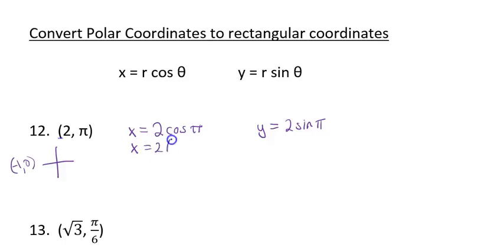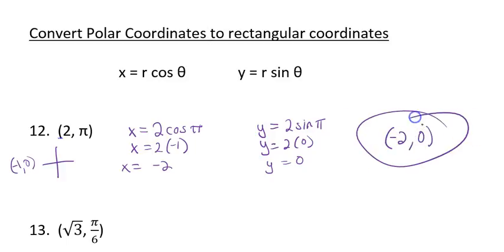So x is 2 times -1, which is -2. Then sine of pi from my unit circle is 0. So if I plug 0 in, anything times 0 is 0, so my y value is 0. So the point that I'm looking for is (-2, 0). That is the rectangular point that will be the same location as the polar point (2, pi).